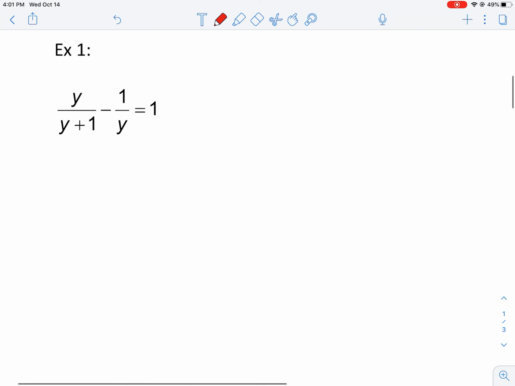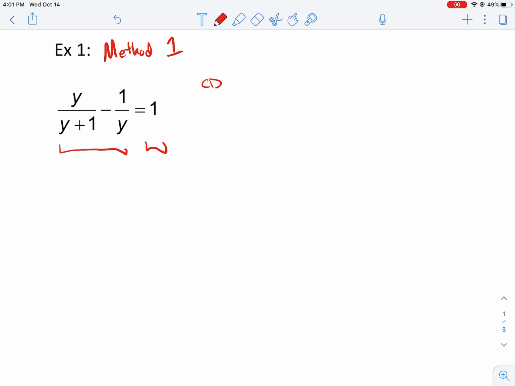We look at example 1, and I'm going to do method 1 here. I'll write it right there so you know which method I am using. In method 1, we're going to come up with a common denominator for both of these terms, or all three actually.